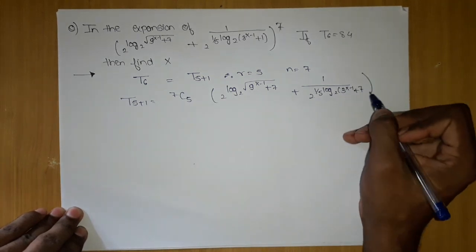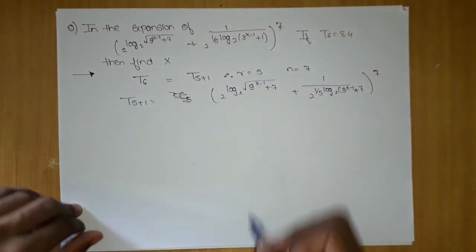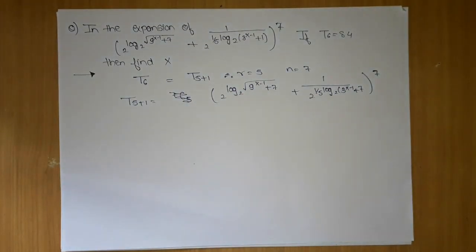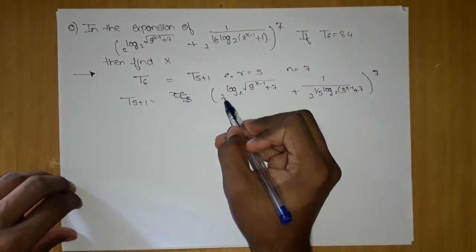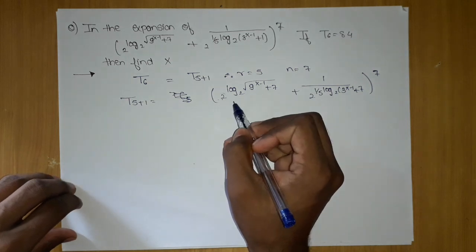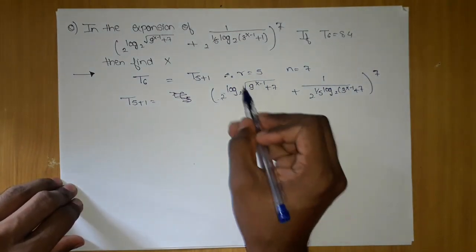Now whenever this type of question appears, don't get in a hurry and apply the binomial directly, because they can be simplified. If the log and the exponential have the same base, then it will get nullified, and this thing will be left.